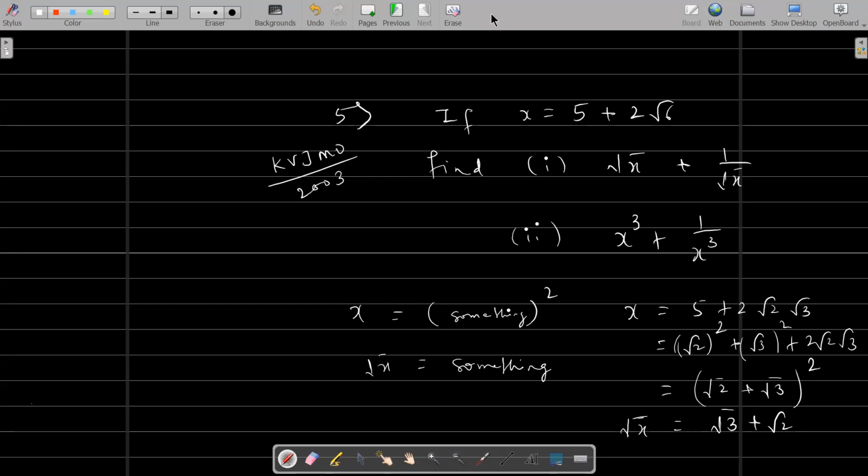Sir, instead of finding the value of root x, I directly took x plus 1 by x as 5 plus 2 root 6 plus 1 by 5 plus 2 root 6. And then I multiplied 1 by 5 plus 2 root 6 by 5 minus 2 root 6. And then I got x plus 1 by x equal to 10. And from that I solved. Okay, okay.